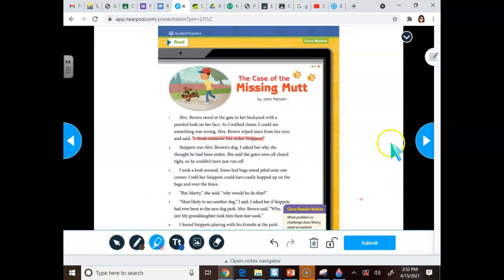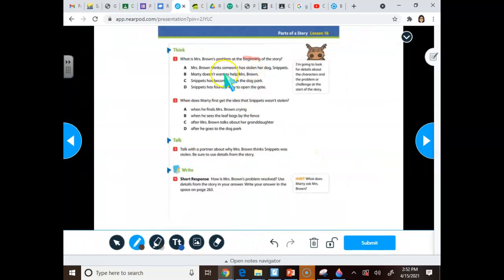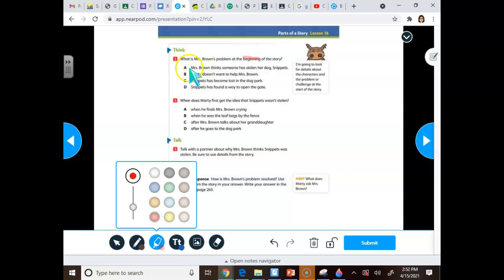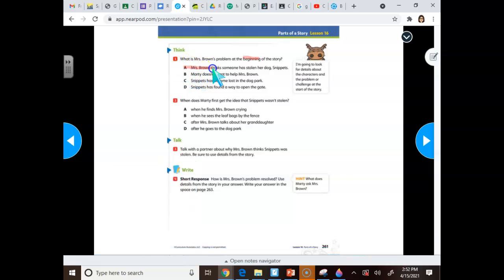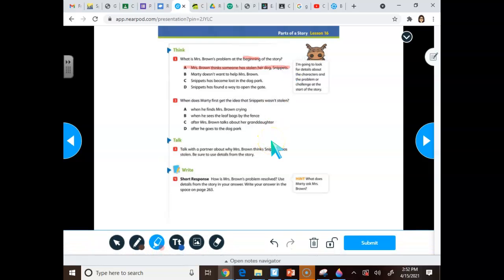So, in the beginning, what is her problem? Mrs. Brown thinks someone has stolen her dog, Snippets. So that's A.